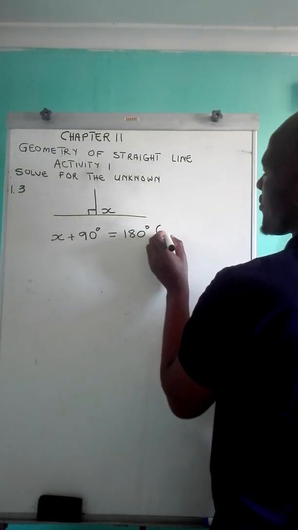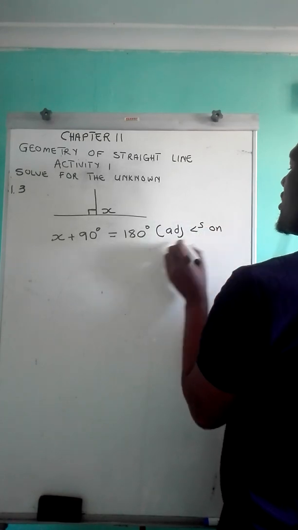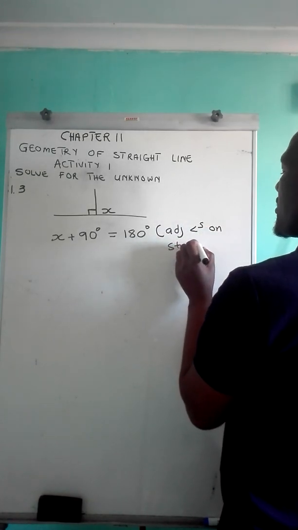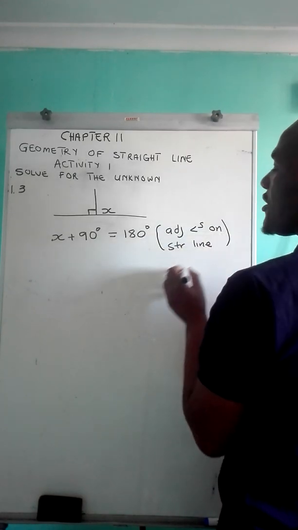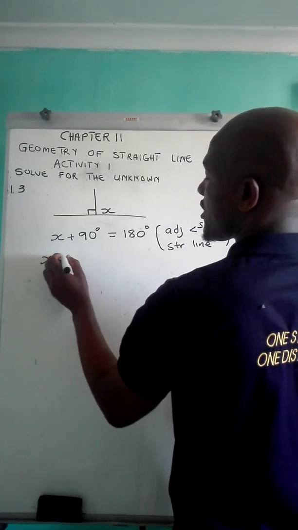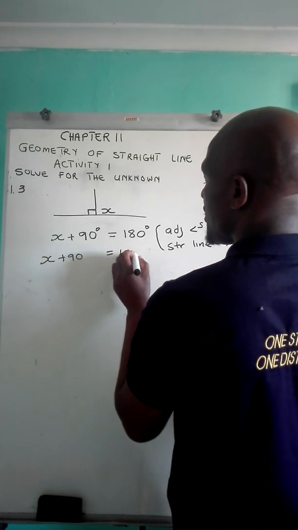Why? Adjacent angles on a straight line. Adjacent angles on a straight line. So this is x plus 90 equals 180.